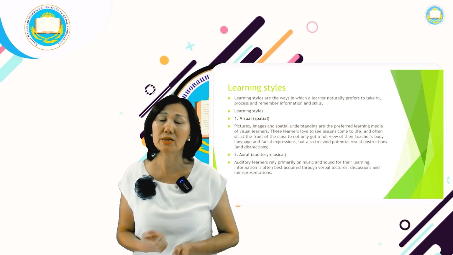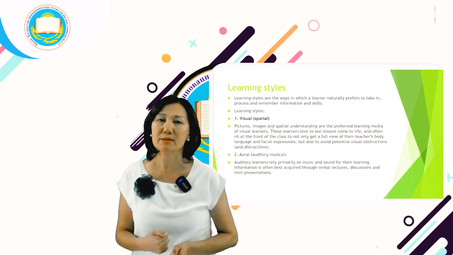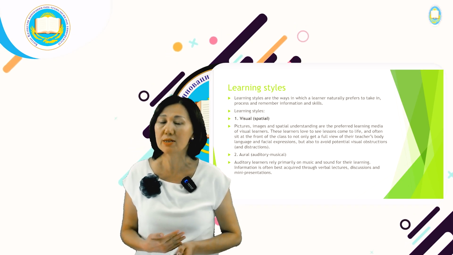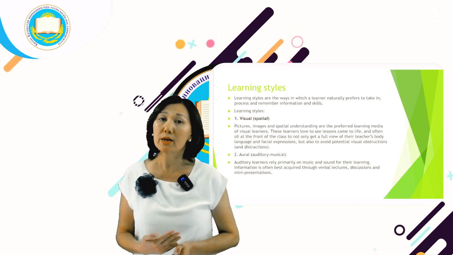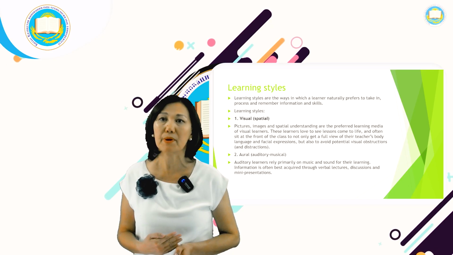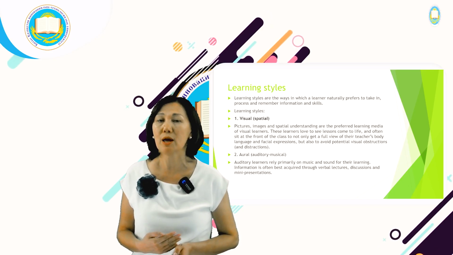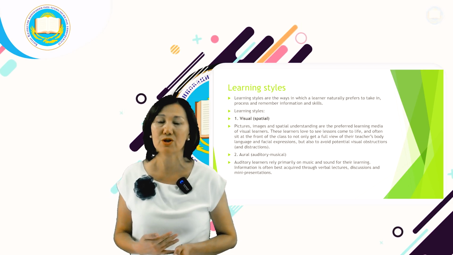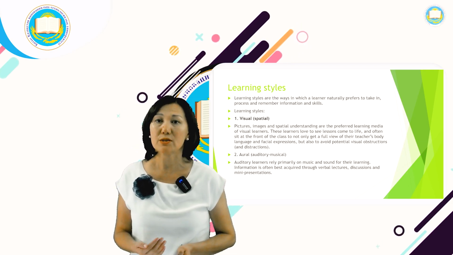So the learners love to see lessons come to life and often sit at the front of the class to not only get a full view of the teacher's body language and facial expression, but also to avoid potential visual distractions sometimes.